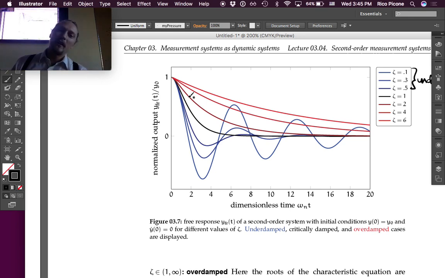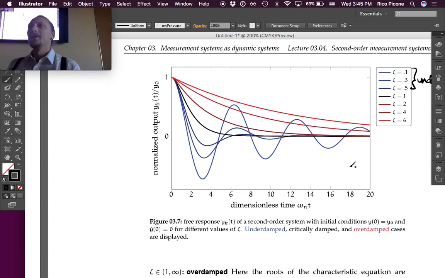Okay, so notice that for underdamped systems, it overshoots and it oscillates. For a critically damped system, the black one, it doesn't overshoot and it doesn't oscillate, but just barely. And then for overdamped systems, it doesn't oscillate and it doesn't overshoot, but it slowly oozes its way back to equilibrium when it gets perturbed.